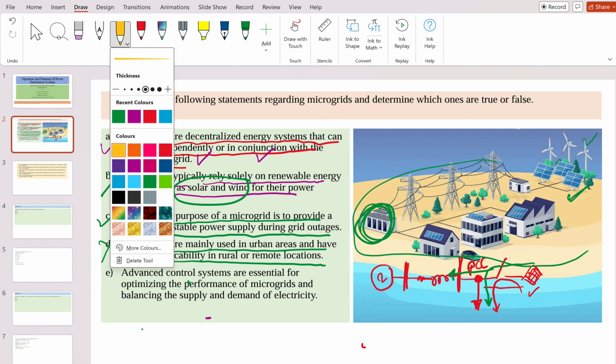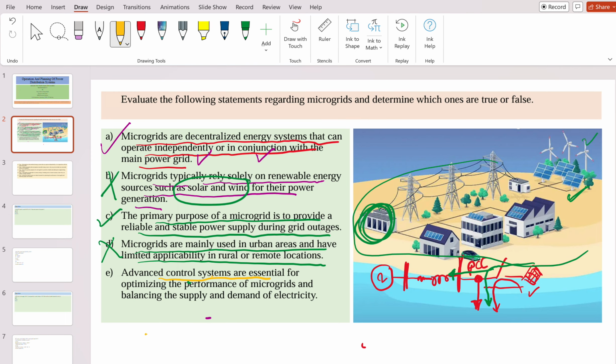When you see the other question, "Advanced control systems are essential for optimizing the performance of the microgrid and balancing supply and demand." That is true, because you have to generate that much power which is there at the demand side. When it is independent of the grid, that is called islanded operation.